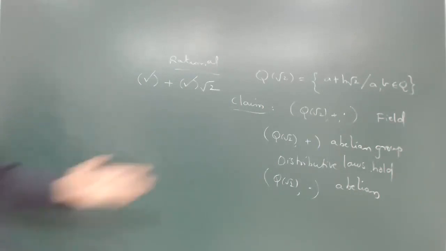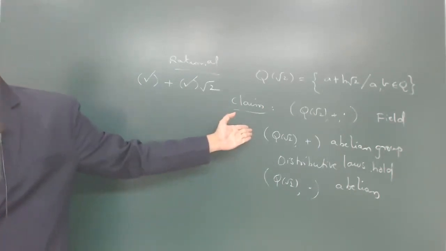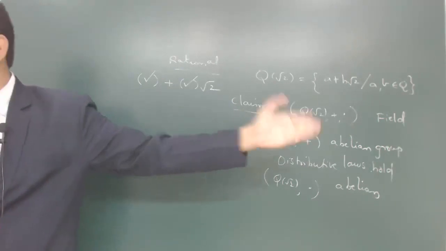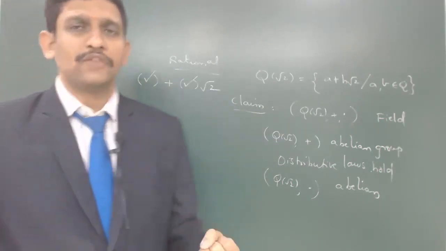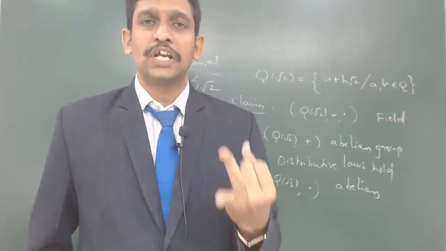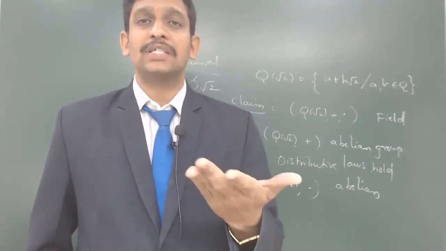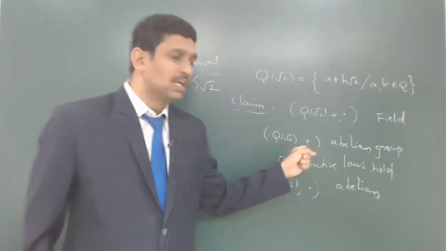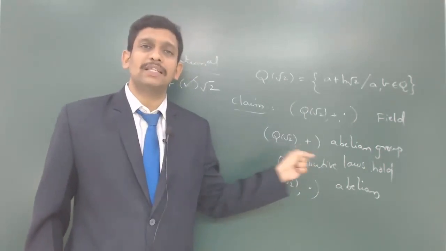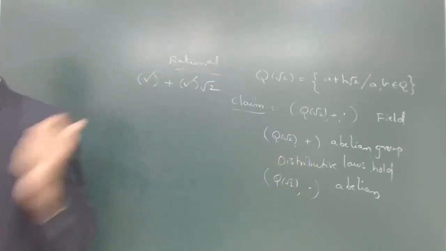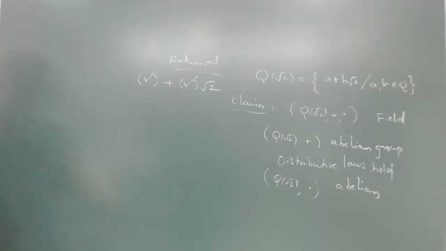So if you take the first thing, that Q of root 2 comma plus is an abelian group, we have to verify the closure, associative, identity, inverse and commutative properties with regard to the operation plus on this set. So let us verify that.